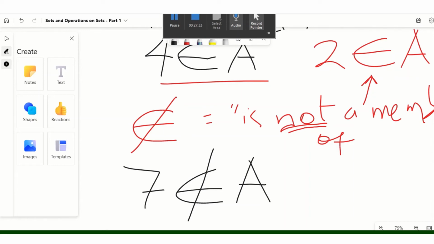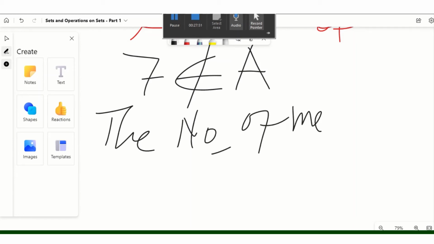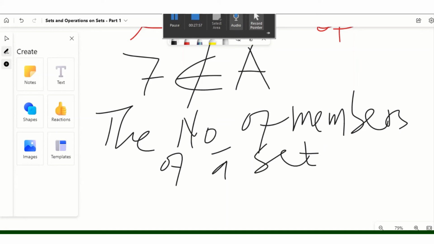Now, the next thing we want to talk about: how do we write the number of members or elements of a set? That's very simple. If you want to write the number of members of a set, this is how I write it.